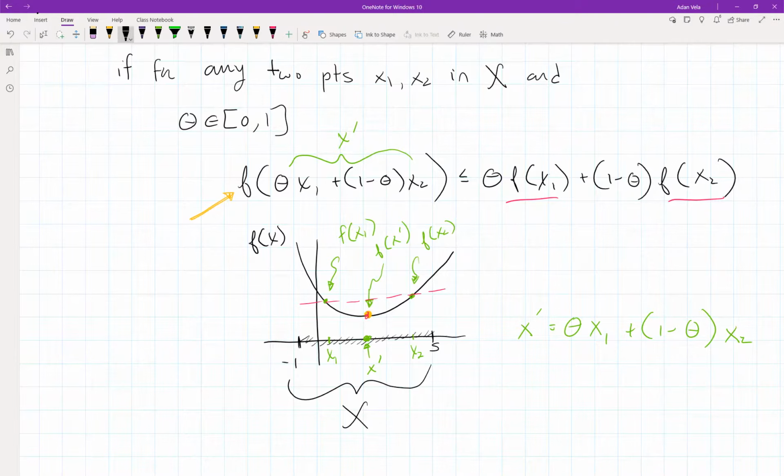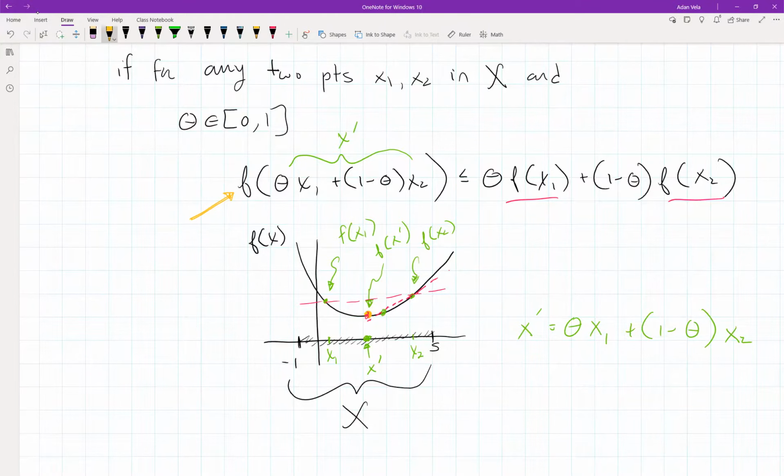So let's say I select another 2 points. So let's say I picked this point and that point, okay? And I draw a line connecting them on the function. Oops, that's not right. Okay.